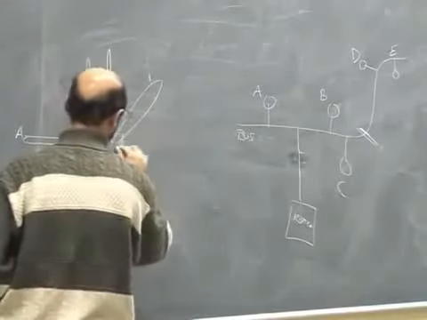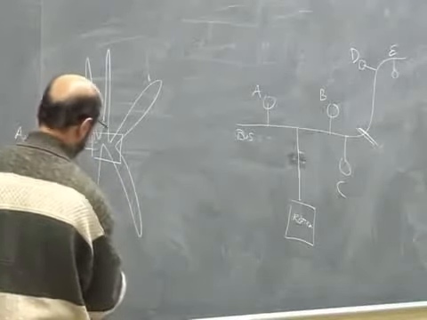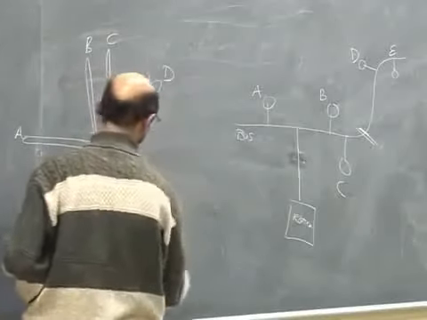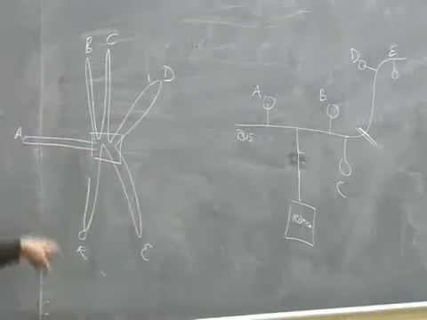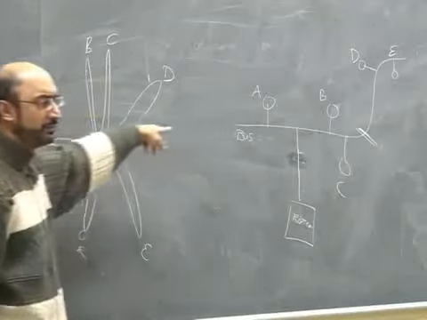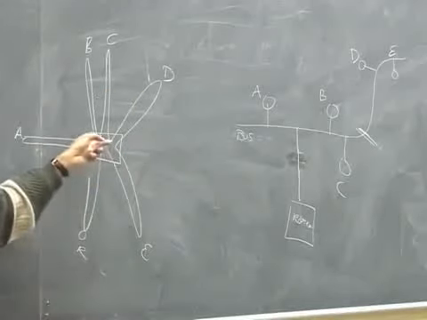Okay. So that's R, and then it's B, C, D, E. So this line is actually that same bus over there, except that I make it go through this central point each time.